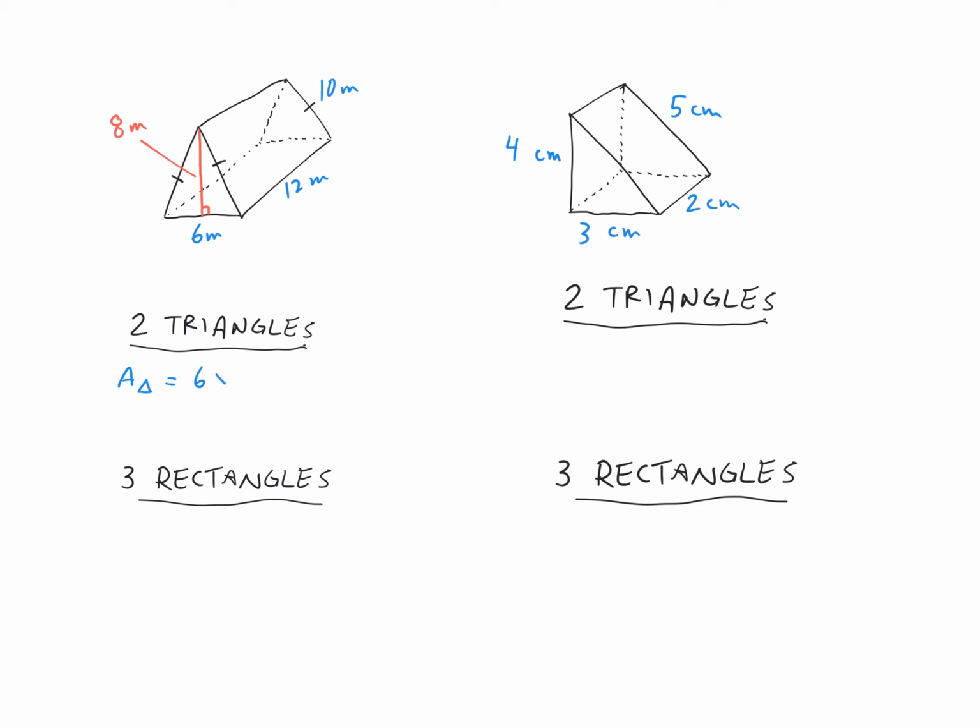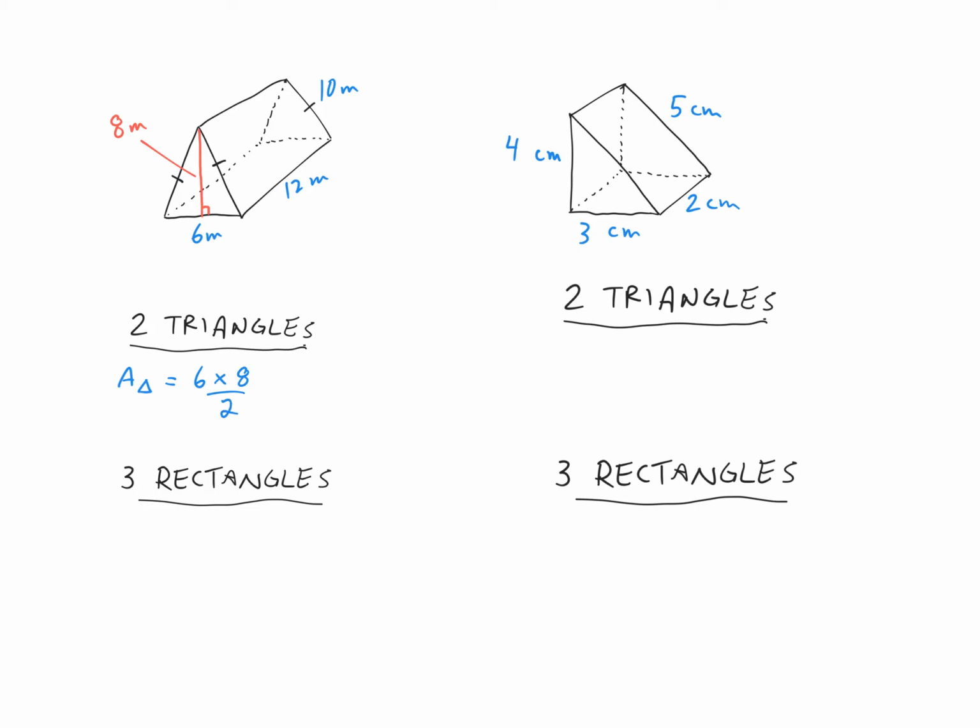The vertical, remember you have to use the perpendicular, the completely vertical line. You cannot use 10. To find the area of this triangle, you're going to use 6 times the completely straight up and down vertical of 8 meters, and you're going to divide it by 2.